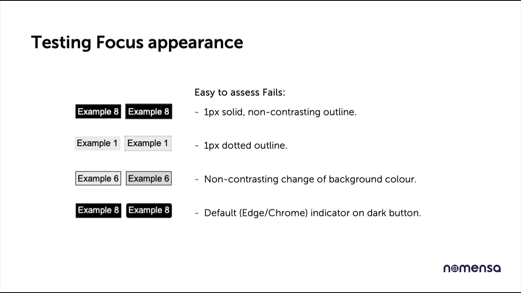For some reason, when you've got a button, the dark part of the indicator is placed onto the button, which is a shame because Edge and Chrome have done good things with their default indicators, but there are still some edge cases where it's more or less invisible.